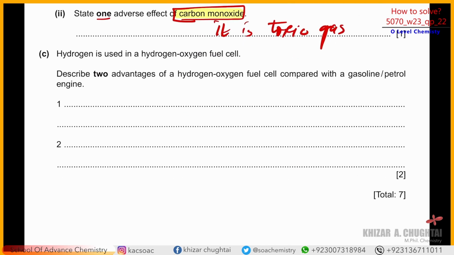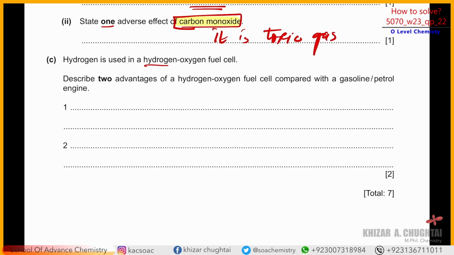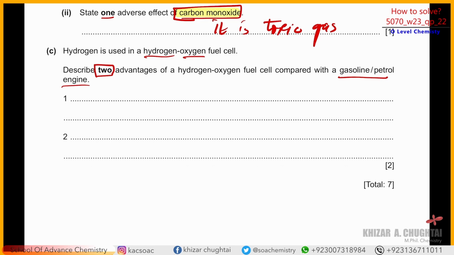Next one, hydrogen is used in a hydrogen oxygen fuel cell. Describe two advantages of the hydrogen oxygen fuel cell compared with a gasoline or petrol engine. So this is again a comparative question.